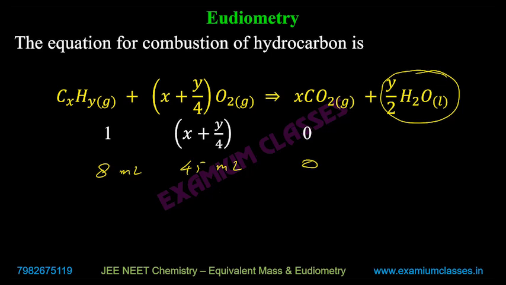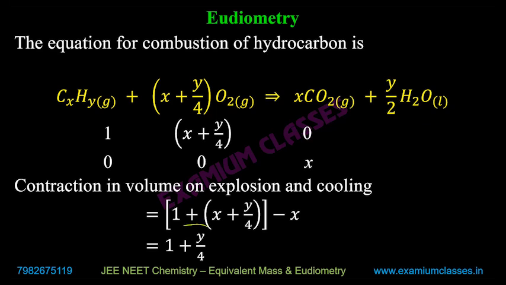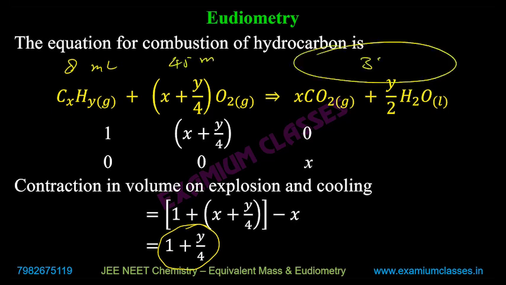So what will be the contraction in volume? 1 plus y by 4. This is the contraction in volume. In this case, contraction in volume will be whatever volume was initially, 8 ml plus 45 ml, minus the volume after, 37 ml. Am I clear or not about what I am saying?